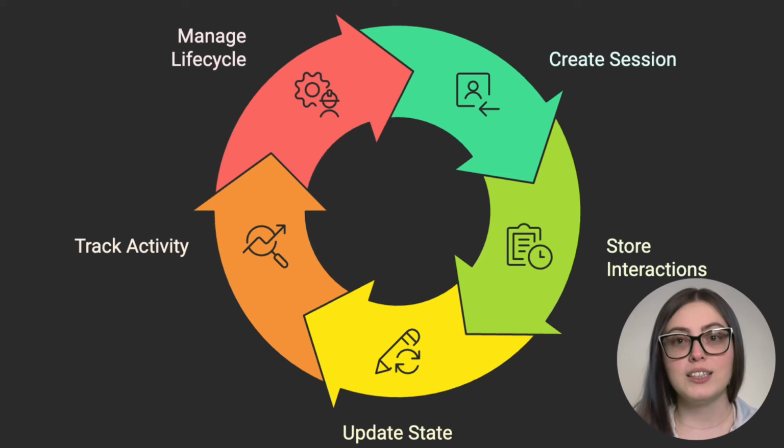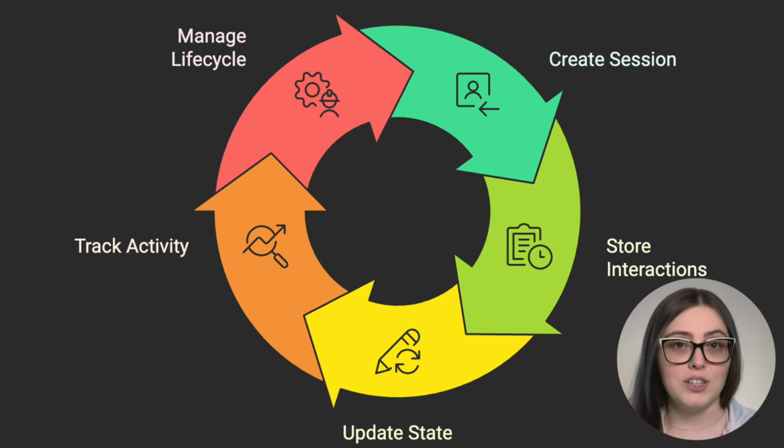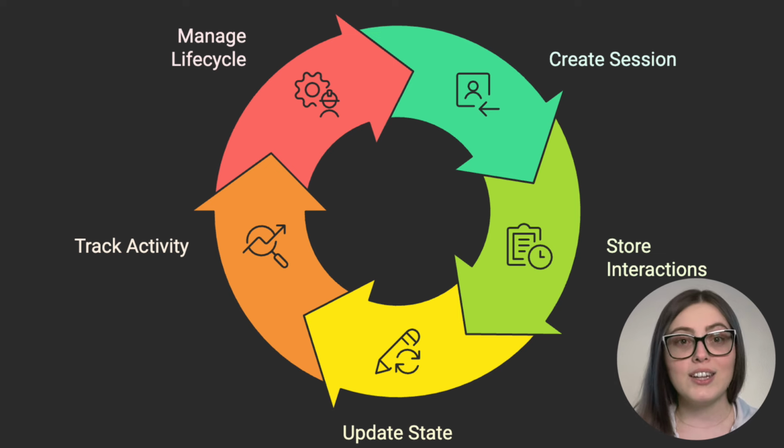The session object acts as a container for each unique conversation thread. It stores identification details, the complete history of interactions, and the current state as the key value store. It also tracks activity information. This makes sure that our agent always has the right context.